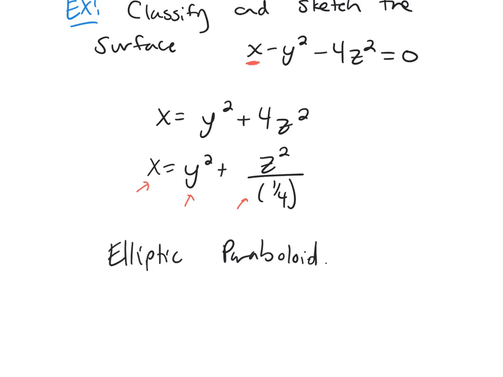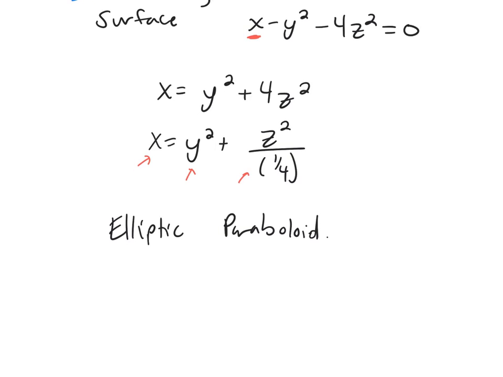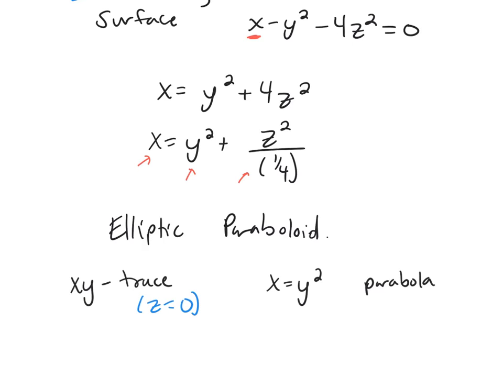And now what we want to do is sketch this surface. So let's look at our traces again. The xy trace corresponds to z equals 0. So if I plug z equals 0 in, I will get x equals y squared, and that's a parabola.